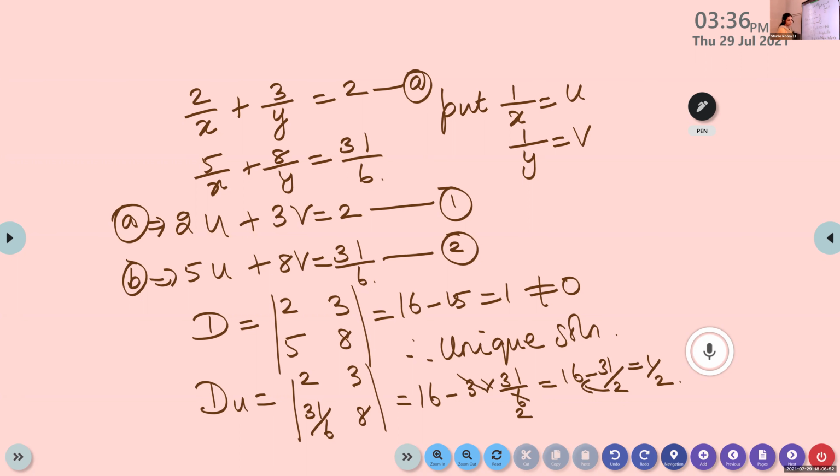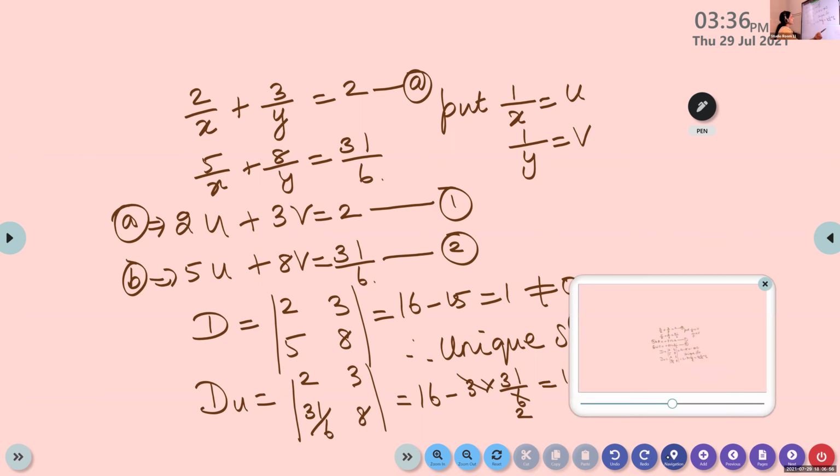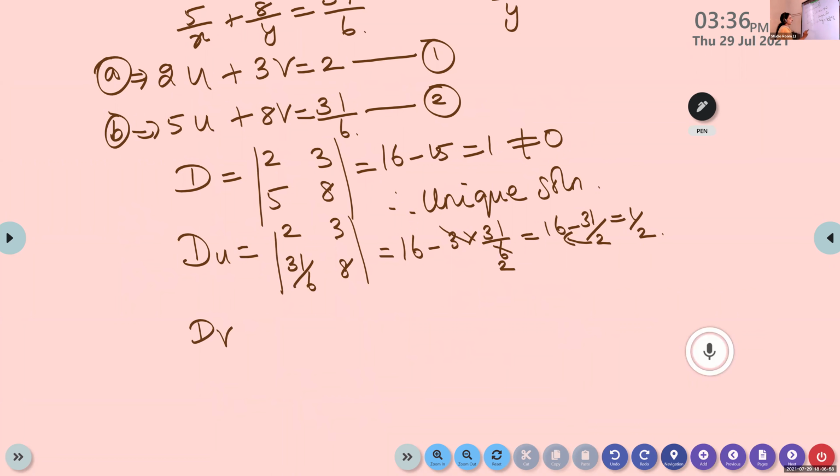Similarly, define dv. dv is 2, 5, 2, 31 by 6. So we will get 2 into 31 by 6 minus 10. You cancel this, this is 3.